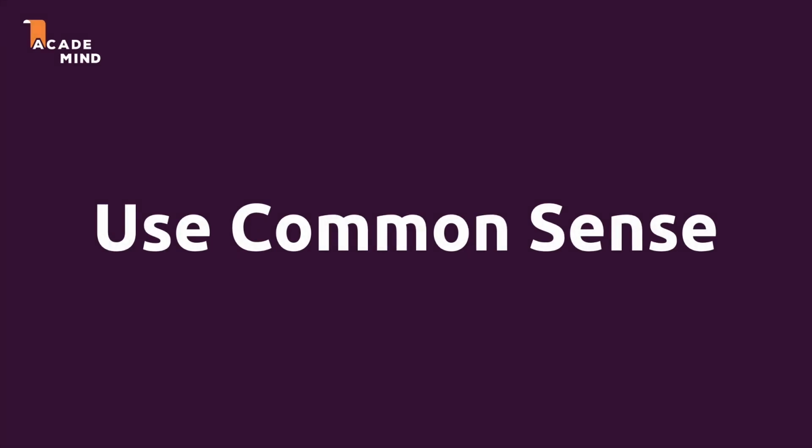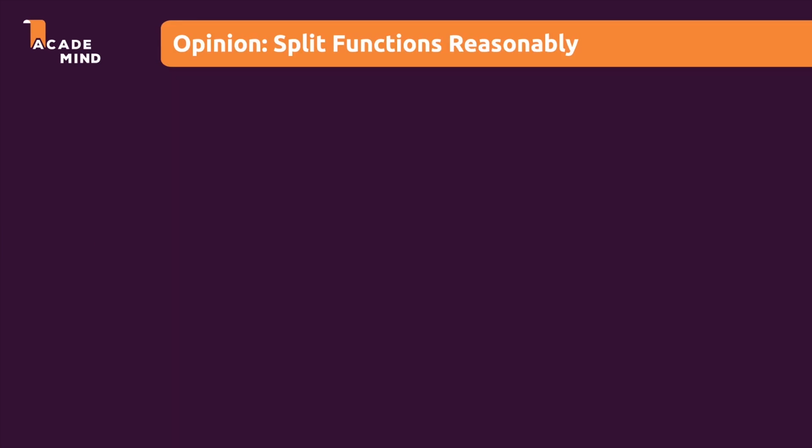Now, with all the splitting up we did, and with all the reasons we have or we might have for splitting up a function and shrinking functions, there's one important thing though. You should still always use your common sense. You should still always question whether it's now really improving readability and maintainability if you split a function. You should split your functions reasonably, at least that is my opinion.